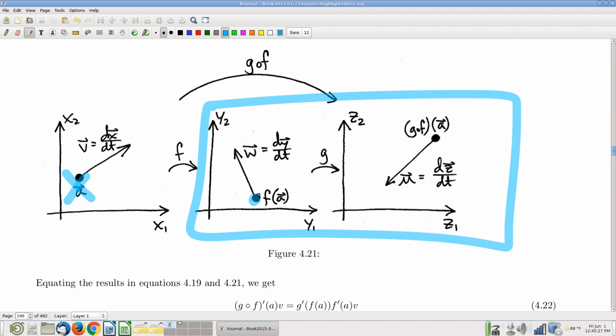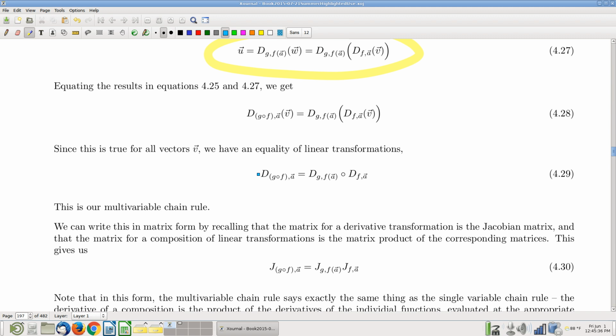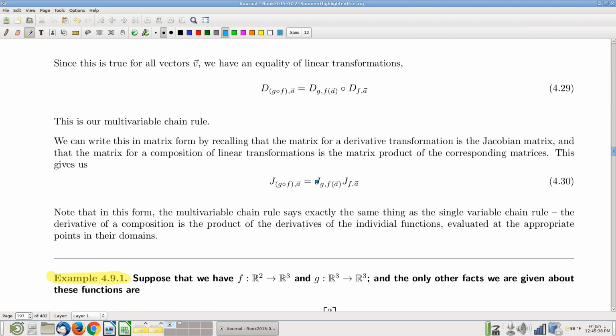G is being evaluated at the point F of A. So the Jacobian of G is evaluated at the point F of A. So just like in the single variable version, notice that does show up here. The Jacobian of G, the point being referred to is not A, it's F of A. Okay, just like in single variable.